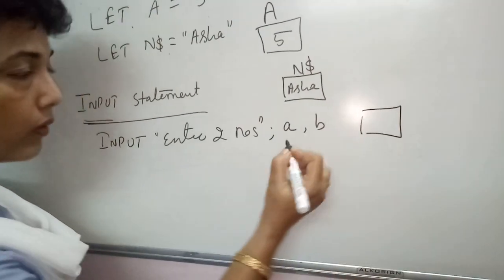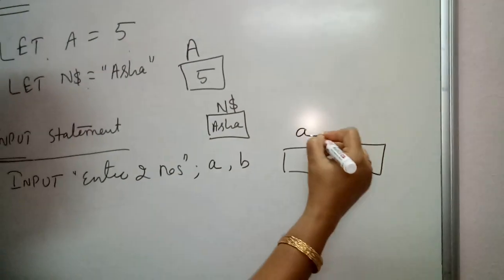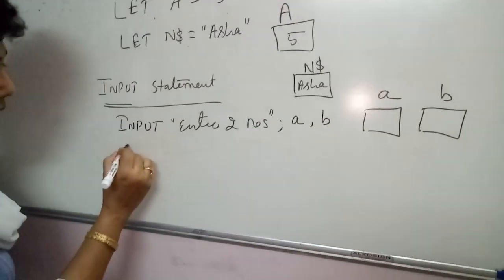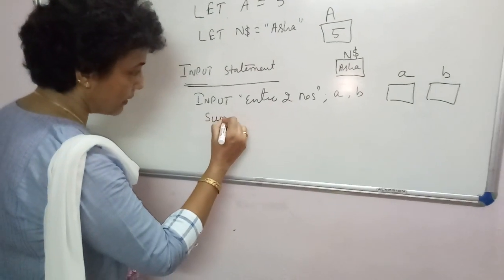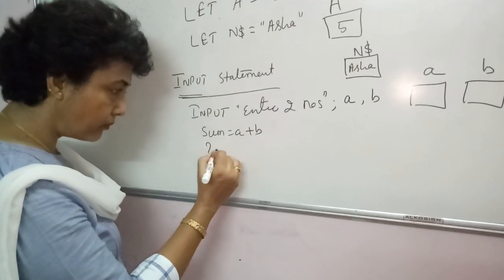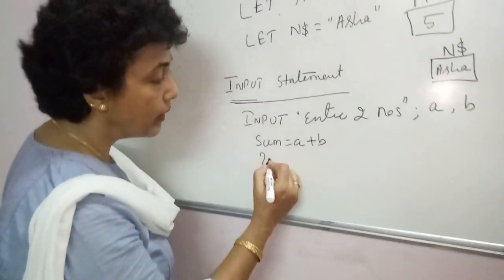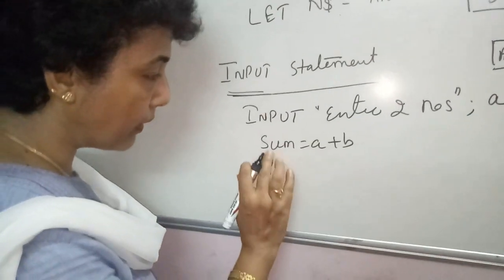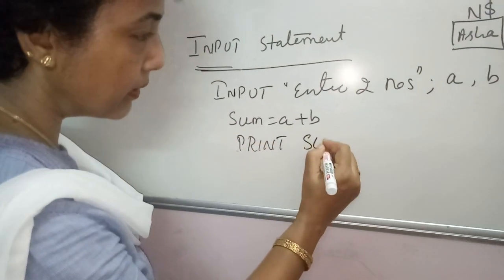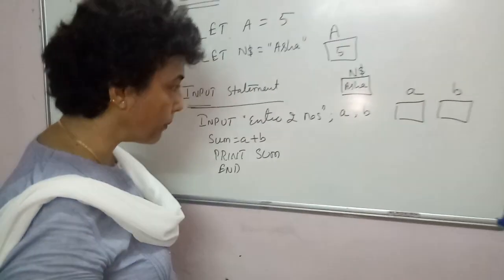On executing this statement, in the memory 2 variables will be created by the names A and B. Next, suppose I write SUM = A + B, and then a question mark. This stands for the PRINT statement. You can write the question mark or you can write PRINT also. PRINT SUM, and then END. My program writing is completed.